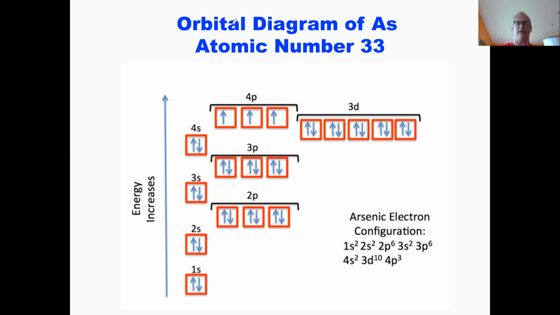You can see that it could give away 3 electrons or gain 3 electrons, but even if it gave away 3 electrons, it would still have these 2 in the outermost shell. So that's why it's in between a metal and a non-metal. Okay.